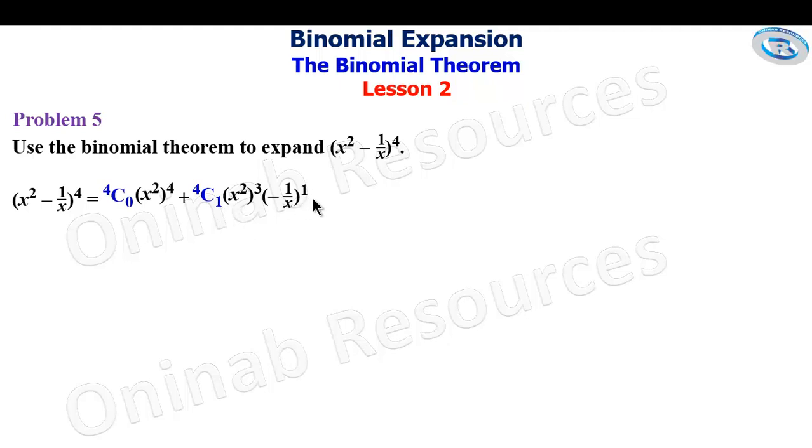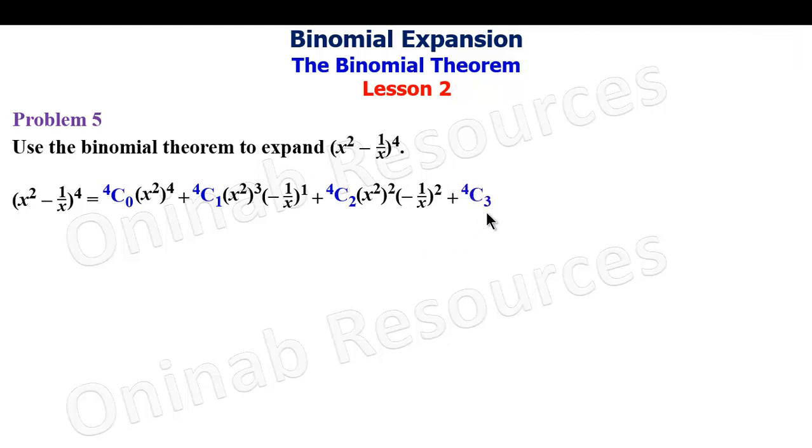Plus the next term, which is 4 combination 2. It's going to be x squared raised to power 2. Then remember 4 minus 2 gives this 2. Then the next component there will be negative 1 over x squared. This is the subscript here, will give us this power.